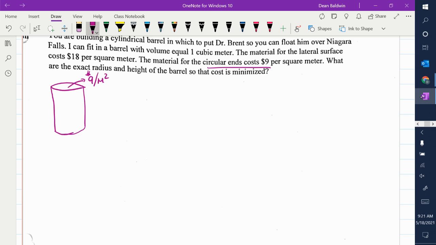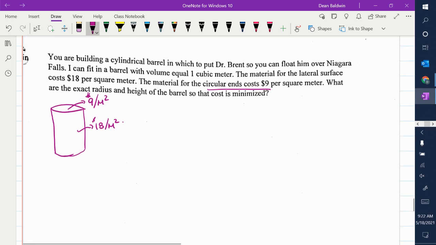And for the side is 18. Okay. Anybody know what the formula for a cylinder is? Yes. Pi r squared h. Okay.